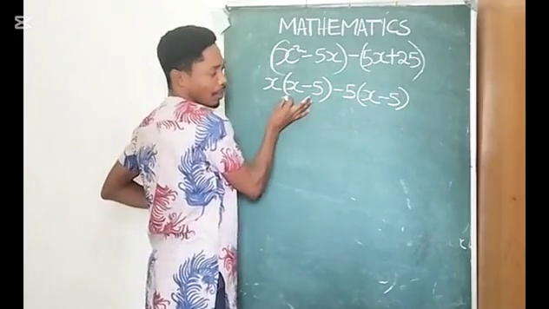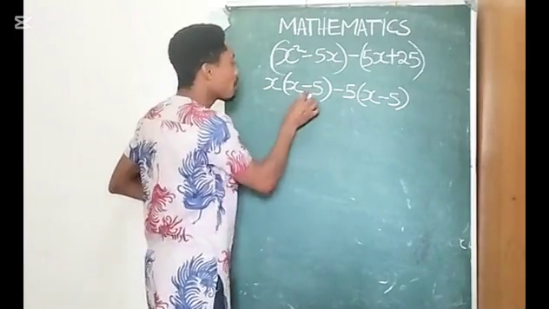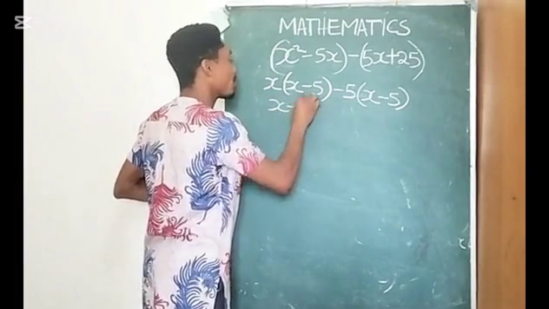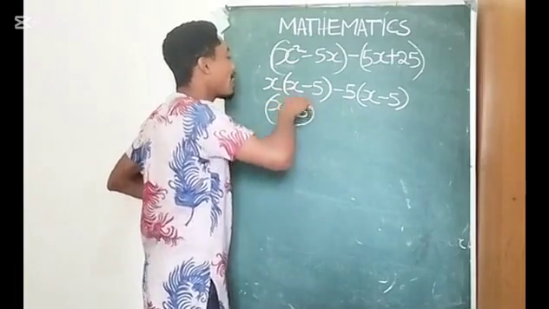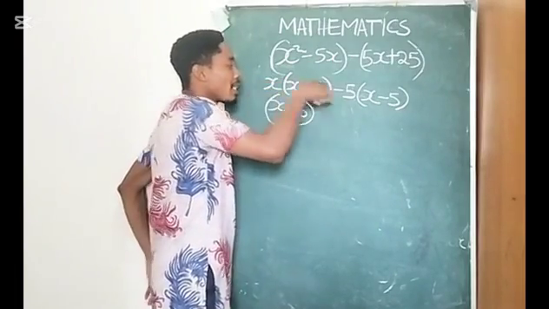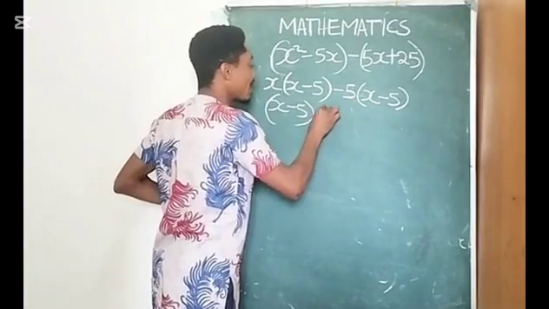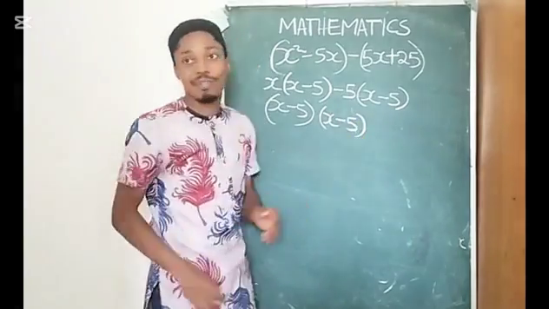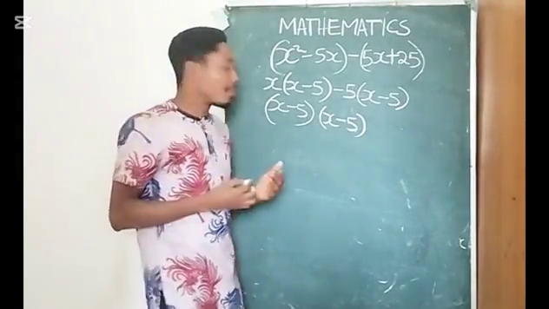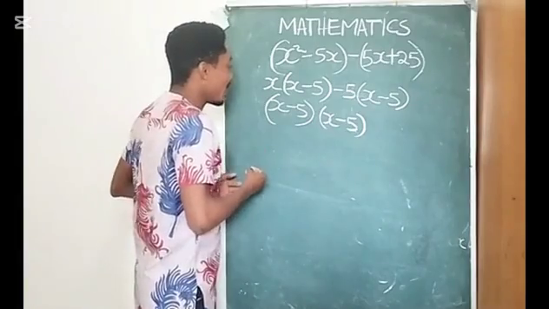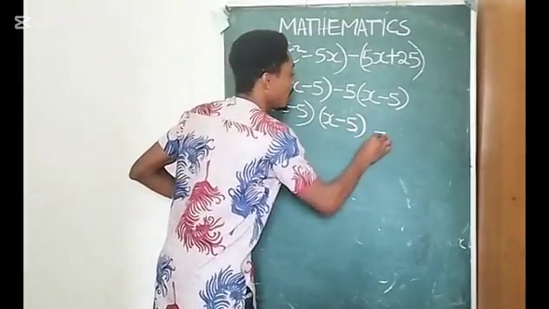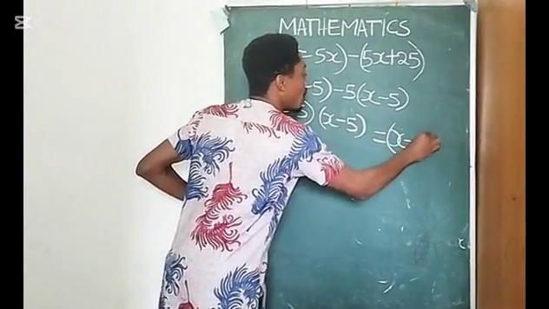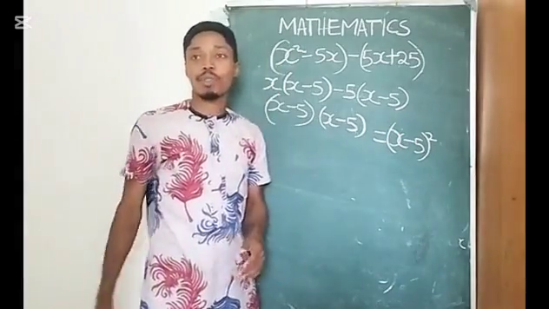Because these factors repeat, we simply have (x minus 5), close the bracket, and then pick the terms outside the bracket, which is also x minus 5. This is the same thing as saying (x minus 5) all squared.